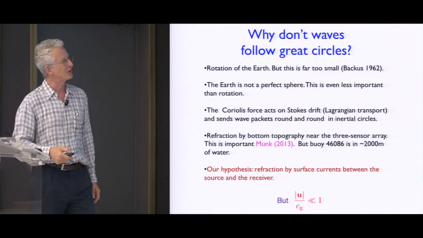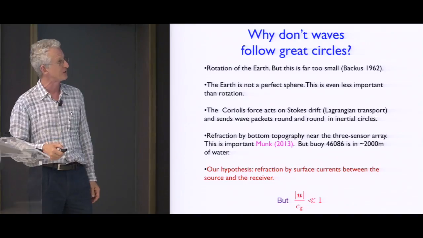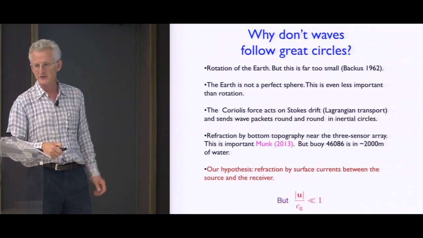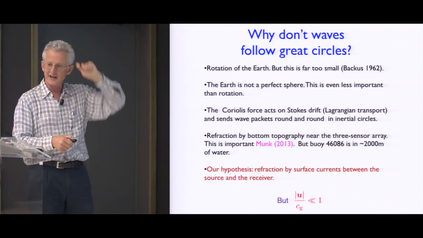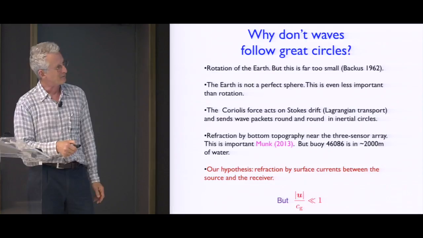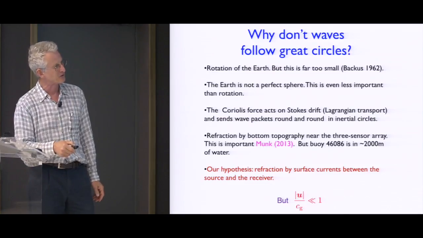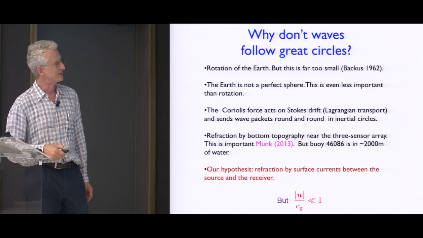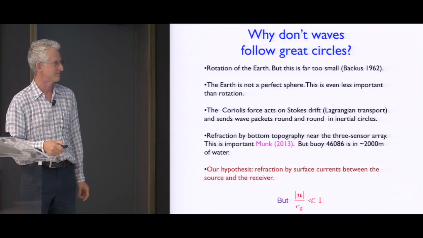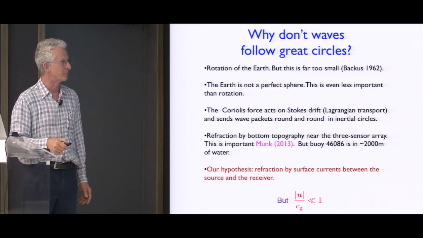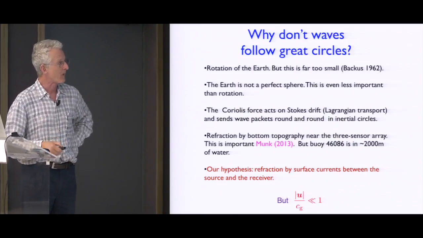And so if it's transporting mass, there should be a Coriolis force acting on that mass transport, which will send the packets round in circles, and they shouldn't actually get anywhere. This effect is wrong. The argument I've given here is wrong, but it's awfully difficult to locate the mistake in this argument. So it's a question of wave interaction with currents generated by the waves themselves.